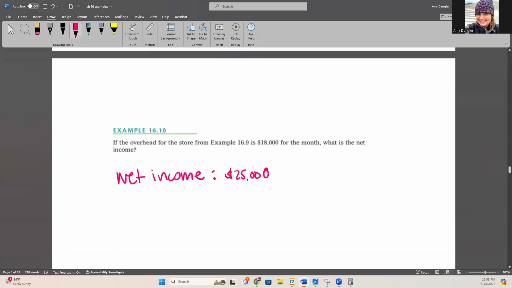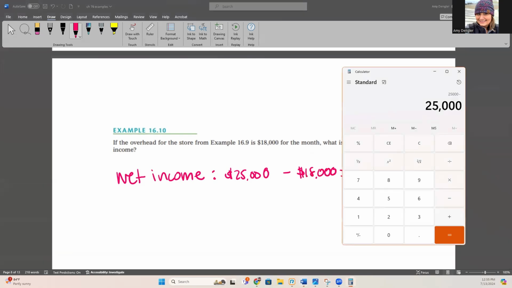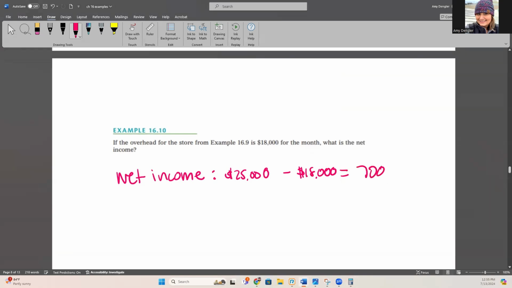And then we are going to subtract the overhead from the store, which is $18,000. And then we just subtract, which gives us $7,000.